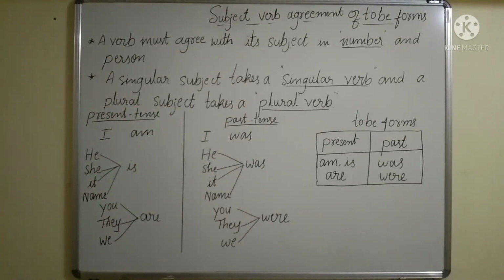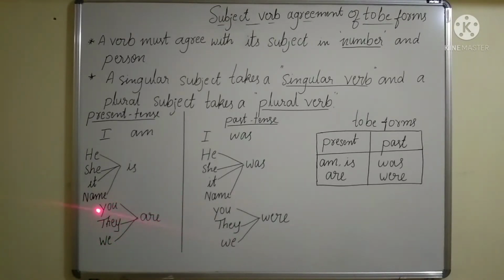Okay, fine. Now in present tense, how to use the to be form with plural subjects. You, they and we are used as plural subjects. Then how do we use them? You are, they are and we are.